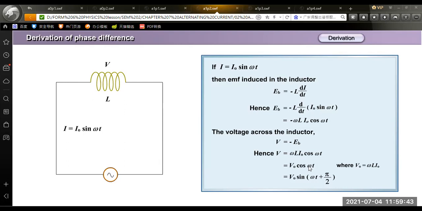The graph of sin and the graph of cos differ by just pi over 2. From here we notice that we convert to sin because we want to compare the phase. I equals I naught sin omega t, V equals V naught sin of omega t plus pi over 2. That means pi over 2 is the phase difference.